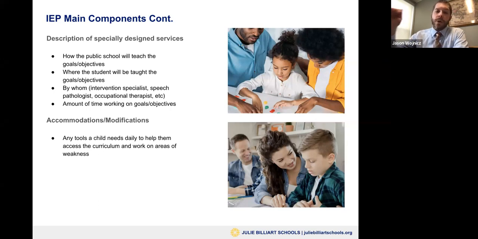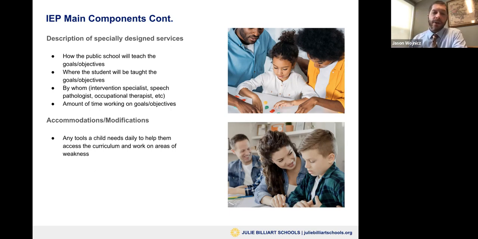You're going to go goal by goal by goal, talking about, okay, for the communication goal with the speech therapist, the child's going to be working on their articulation goal 2 times a week for 30 minutes a week, and working through the IEP document with that section.